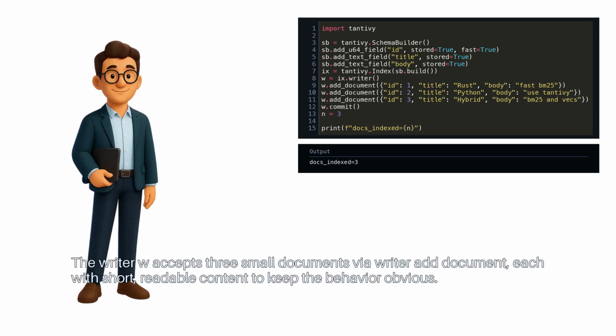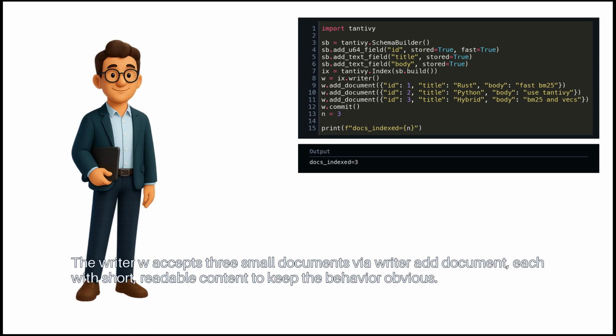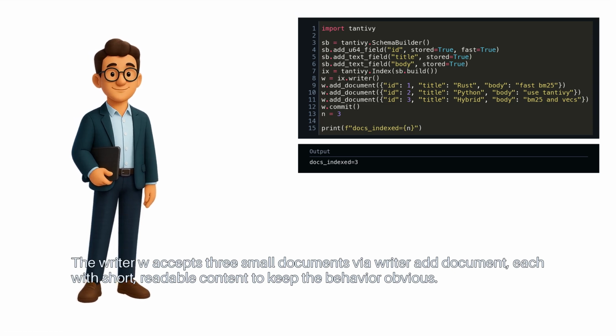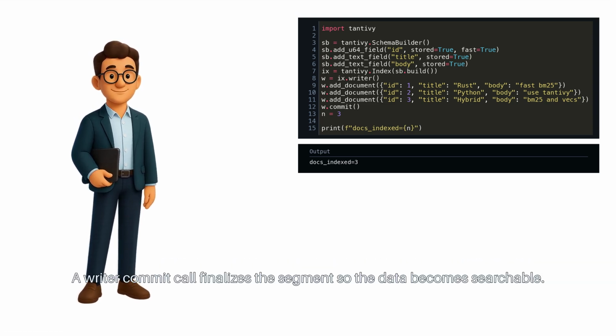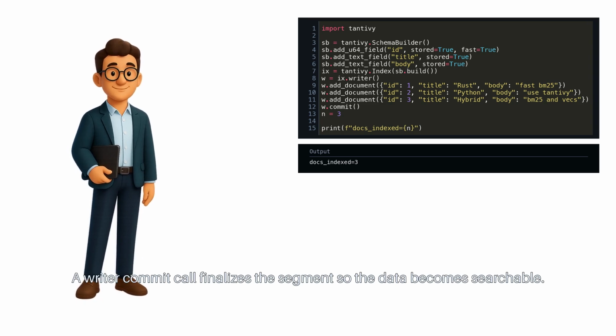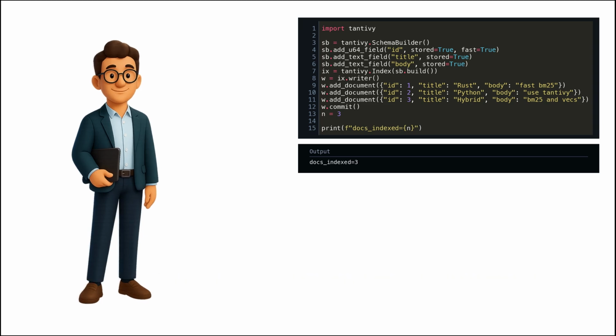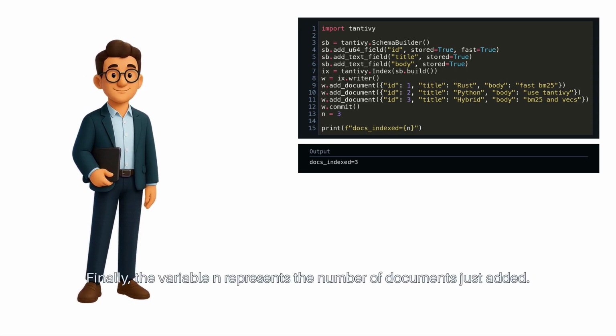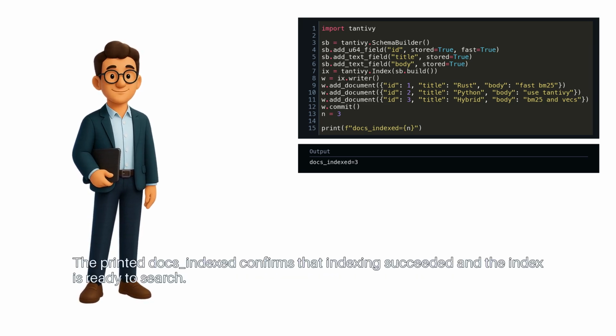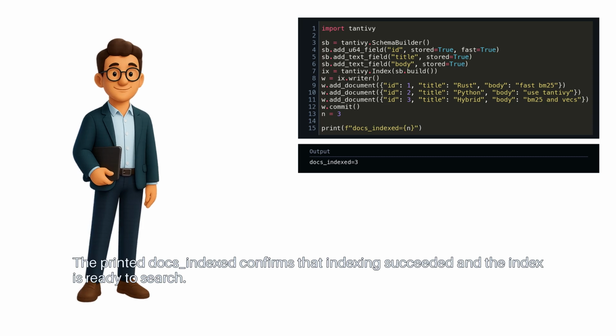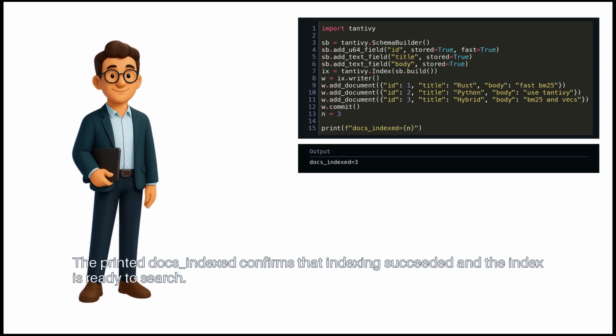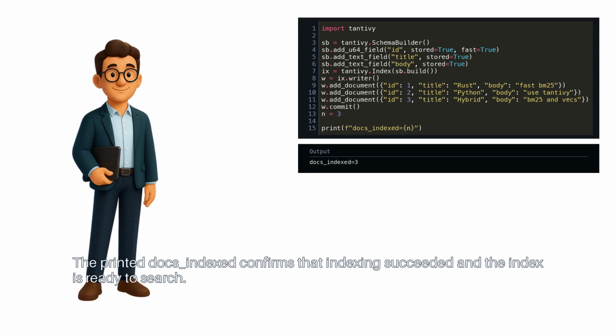The writer W accepts three small documents via writer add document, each with short readable content to keep the behavior obvious. A writer commit call finalizes the segment so the data becomes searchable. Finally, the variable N represents the number of documents just added. The printed docs indexed confirms that indexing succeeded and the index is ready to search.